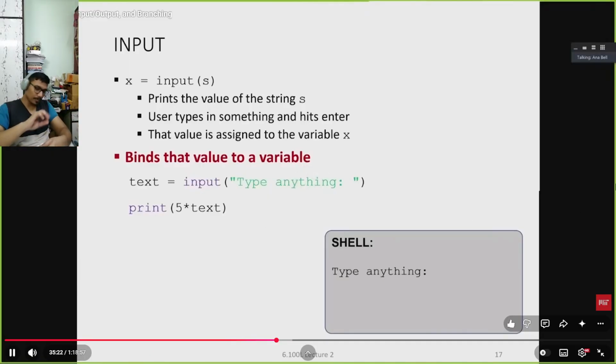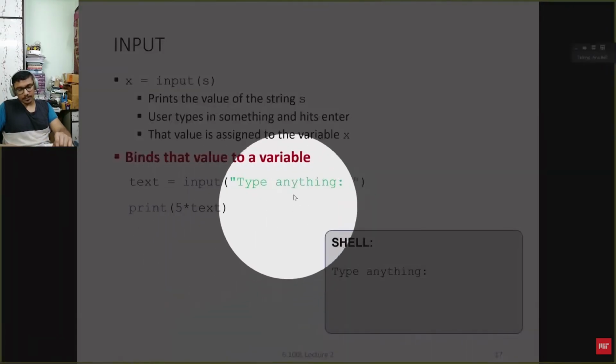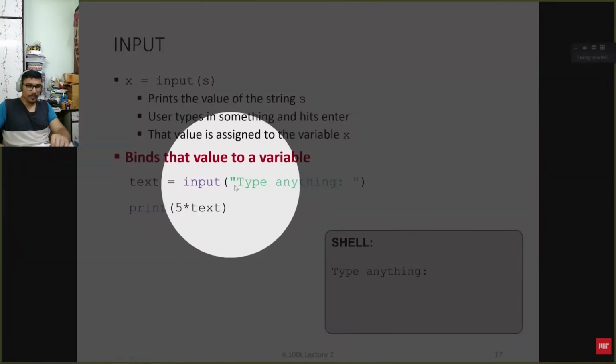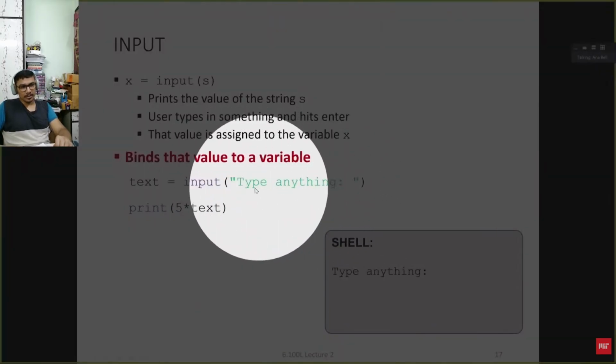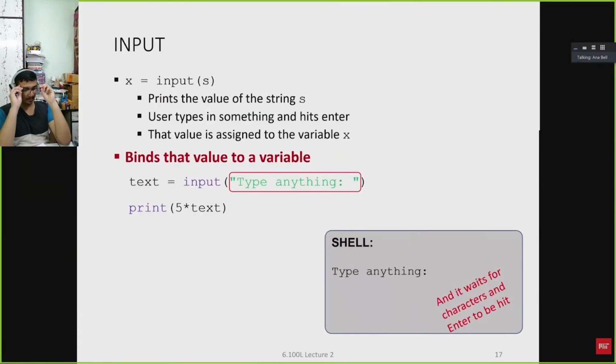So when Python sees a line that says input and then some string, Python will automatically take the string within the input, right? So in this particular case, here's my input command. The string inside the input is type anything, colon, space. On the shell, Python will put that string for you. And then it will wait.